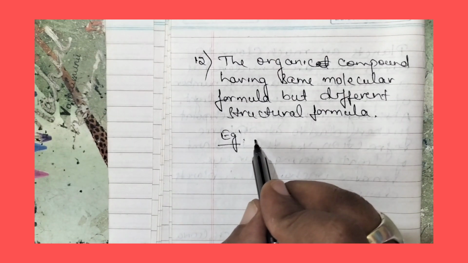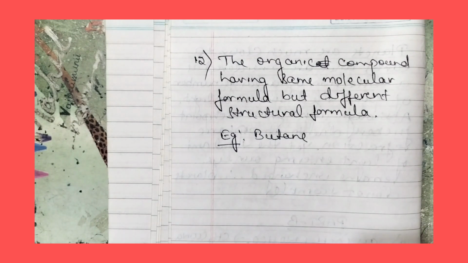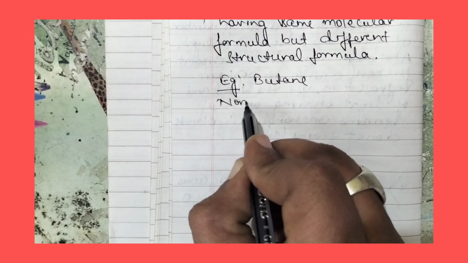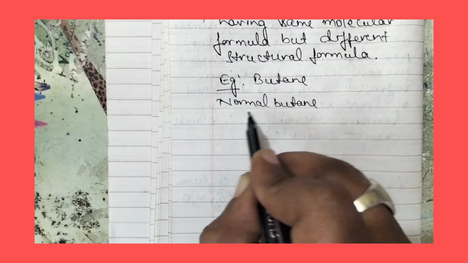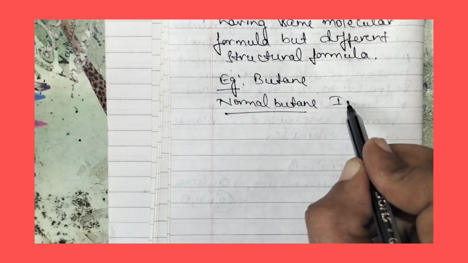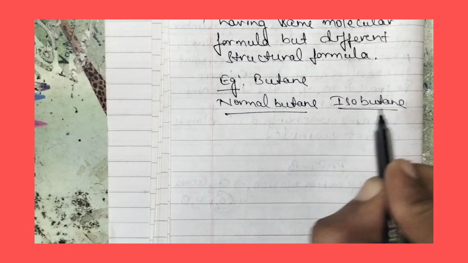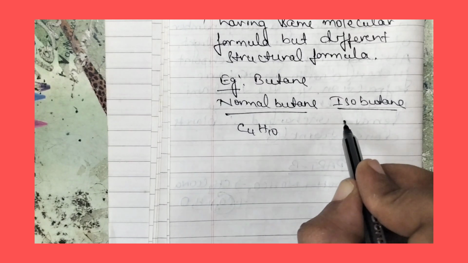Example, so we can take an example of butane. In butane, two isomers are there. One is normal butane, another one is isobutane. Normal butane has molecular formula C4H10.